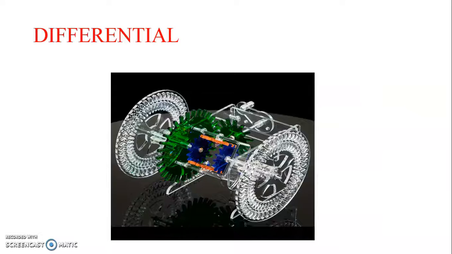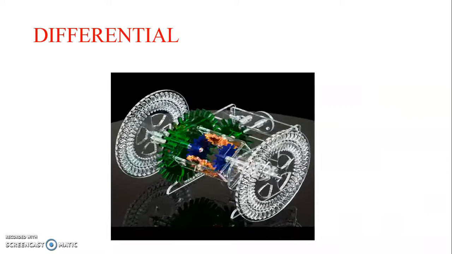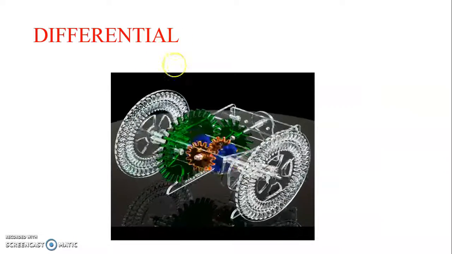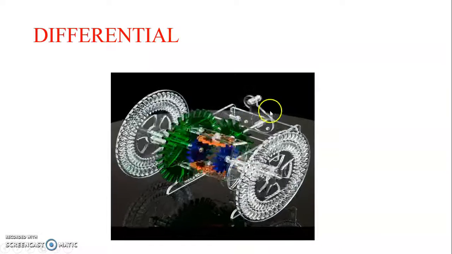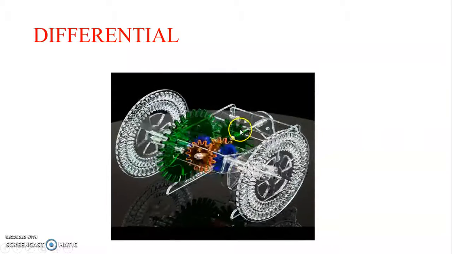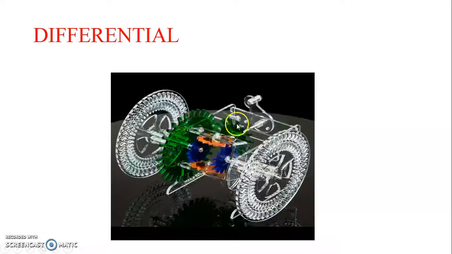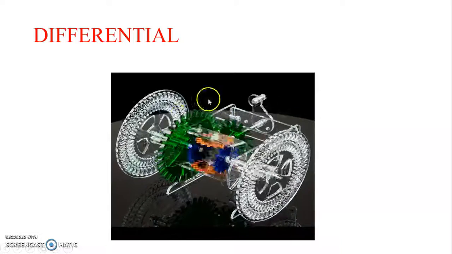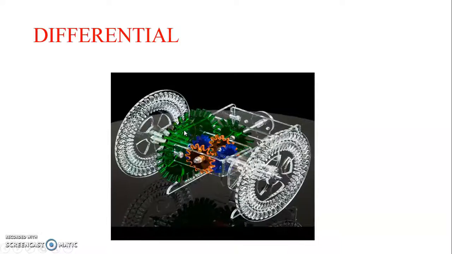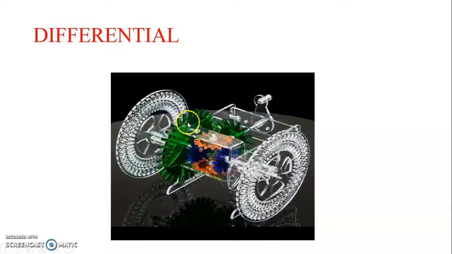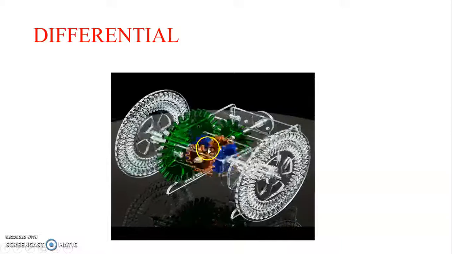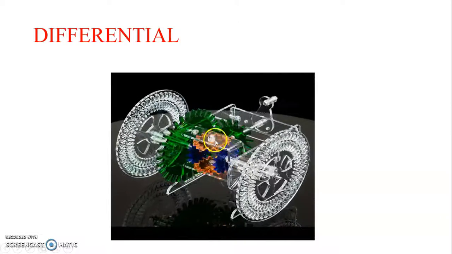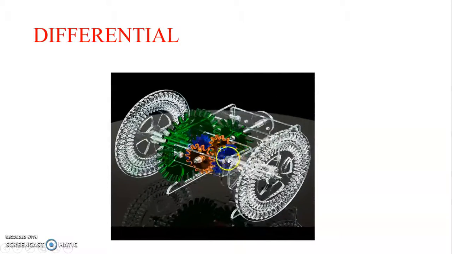Even you can observe in this 3D diagram the propeller shaft model, this bevel gear arrangement, this is the crown of the bevel differential, and these are the pinion bevel gears, and these are the bevel gears.